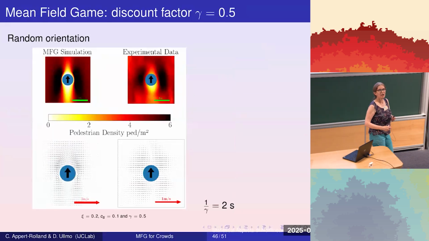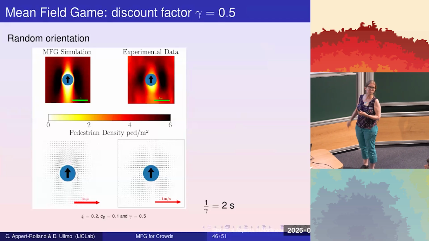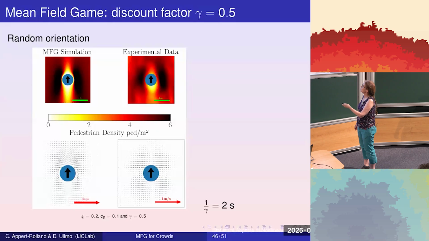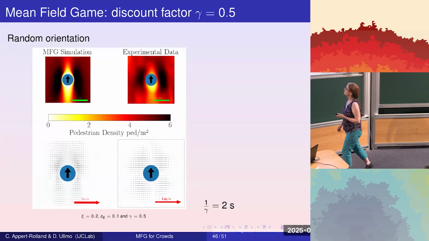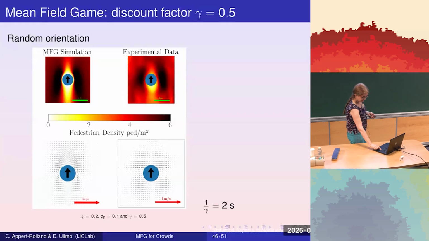Now if I put gamma equals 1/2, it would mean a typical time of 2 seconds for the anticipation. Now I start to have a less pronounced void in front of the cylinder, and some component of the displacement goes away from the cylinder.